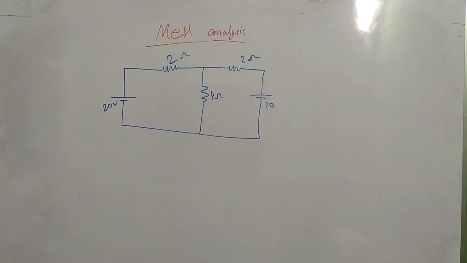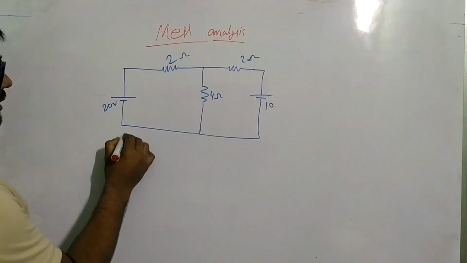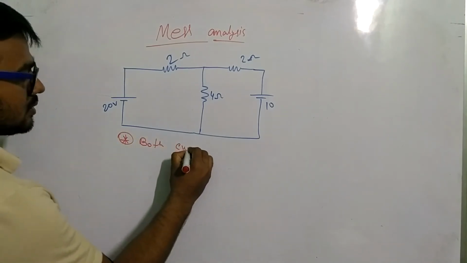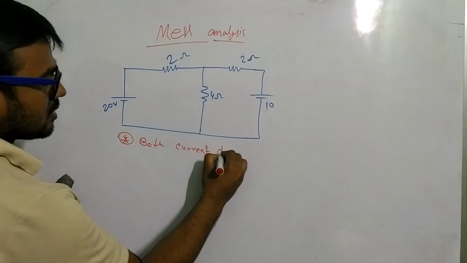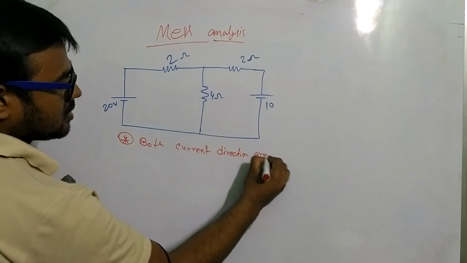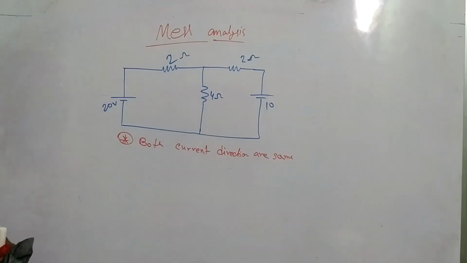Now, the first criterion: both current directions are the same. When applying KVL, KCL, the current direction is up to you.